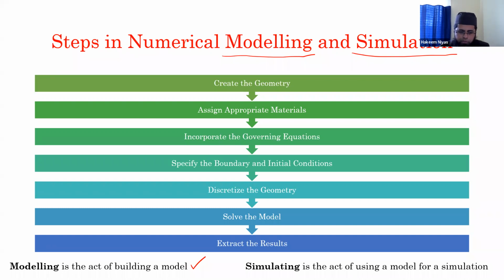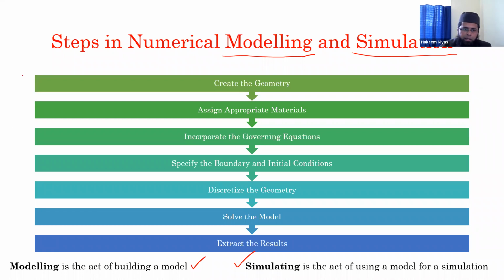You are just creating that building in software such as COMSOL. That is what is called modeling. And the second one, simulation, is nothing but using the model for a simulation, which means running the simulation to extract the outputs and get the answers. That is what is called simulating.